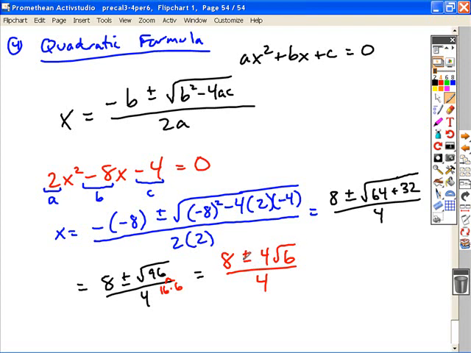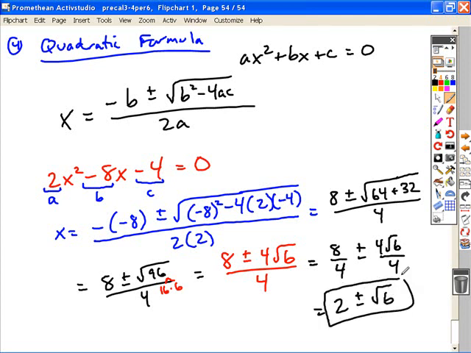If you have multiple terms in your numerator and a single term in your denominator, just rewrite as the sum of terms. So this is 8 over 4 plus or minus 4 root 6 over 4. Split it into individual terms, and now you can reduce your fraction. 8 over 4 is 2, plus or minus 4 over 4 cancels, leaving root 6.